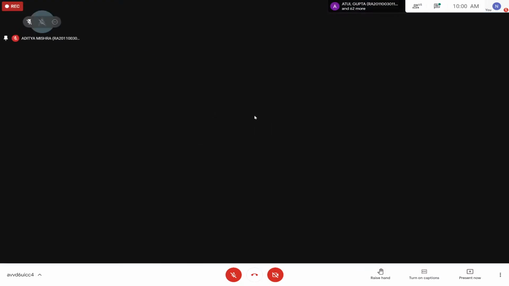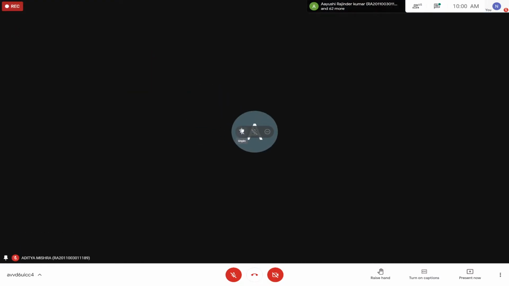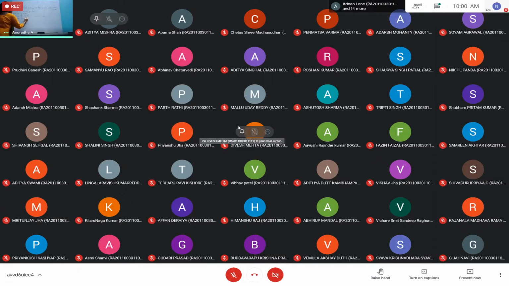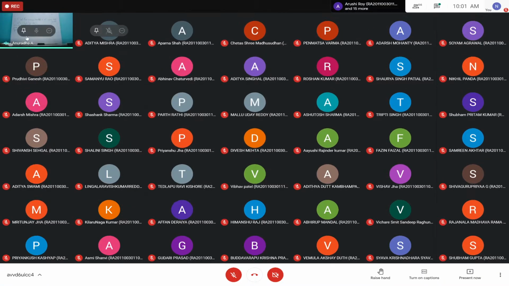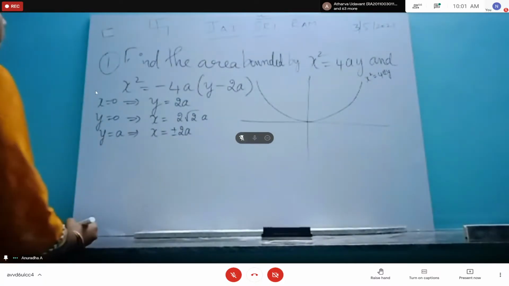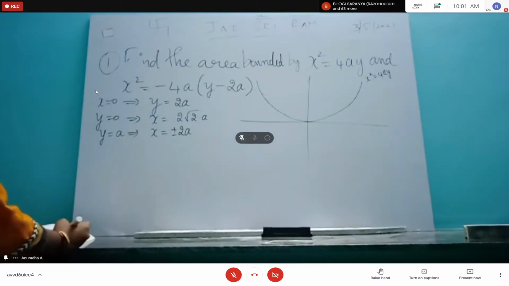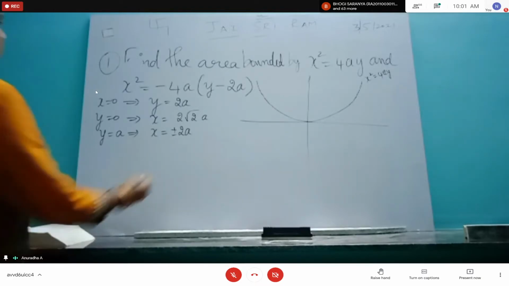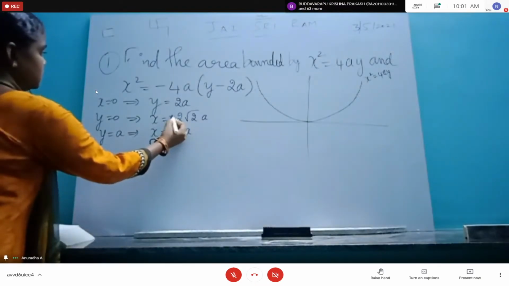A minus 2a, so minus a. That will not come plus or minus. No, x square is 2a. Right now, we have to take the limit even here. Plus 1.